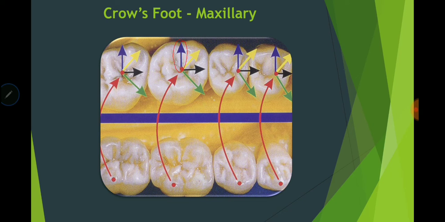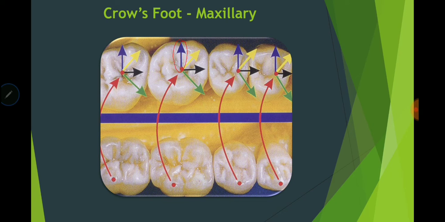Okay, and the yellow is also pointing on the non-supporting cusp. So this means it's a lateral protrusive movement for the yellow. So blue here is going to be working, and yellow is going to be lateral protrusive, and the black one here, you have the maxillary arch shown, and the arrow is moving forward, so it means the mandible moves forward.